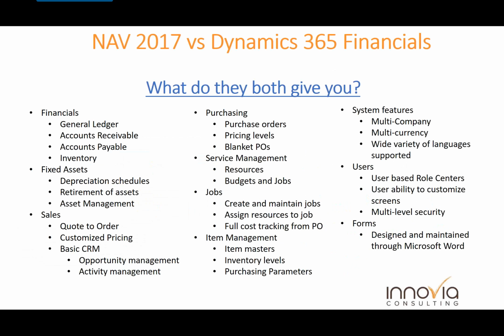And then in the system side, both of them handle multi-companies. Now I will tell you that in NAV, if you're hosting it on-premise, it's going to be multi-company inside your database. Dynamics 365, you're doing what they call a multi-tenant in most cases, but you're sharing a database structure. You can only see yours.